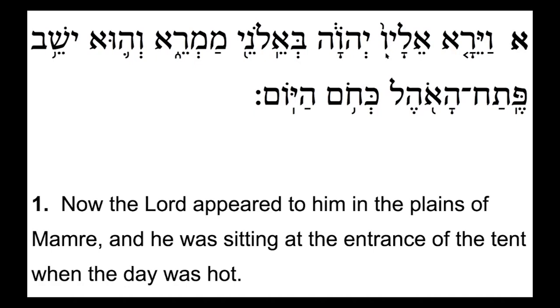And then we have a pashta, so the accent is going to be in the second syllable, so this is elav. And elav means to him. The L part means to, and then the vav part here means him.